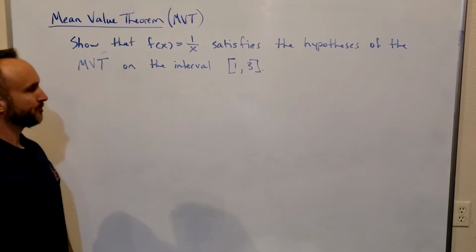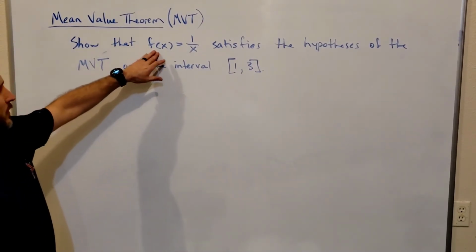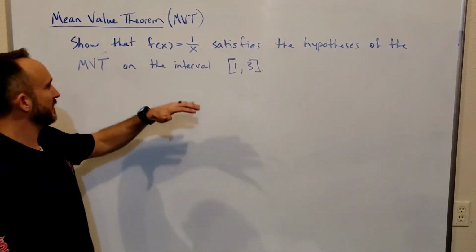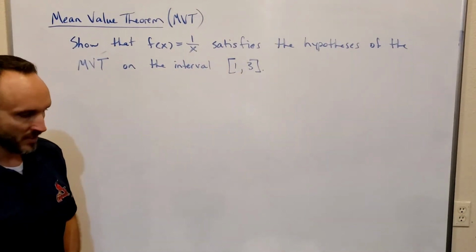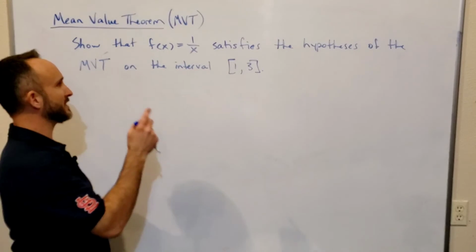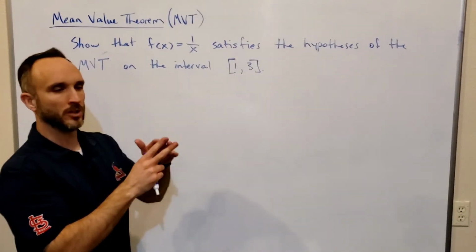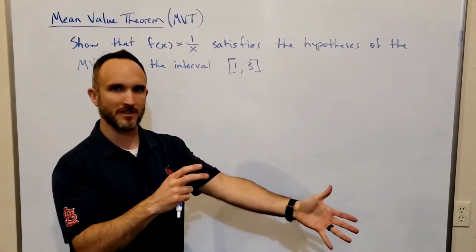Okay, so we'll start with that. We'll show that this particular function satisfies both hypotheses of the mean value theorem on this closed interval. And then you can imagine if we satisfy both hypotheses, we're allowed to make the conclusion of the mean value theorem.